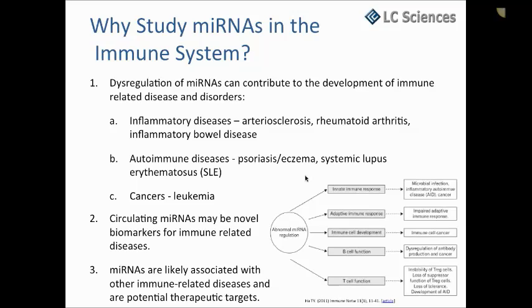First of all, inflammatory diseases such as arthritis, atherosclerosis, any type of inflammatory disease. Then also autoimmune diseases, for example, relatively harmless ones like eczema, and as severe as going down the road to lupus. And it also plays an important role in leukemia, in cancer, blood cancer.